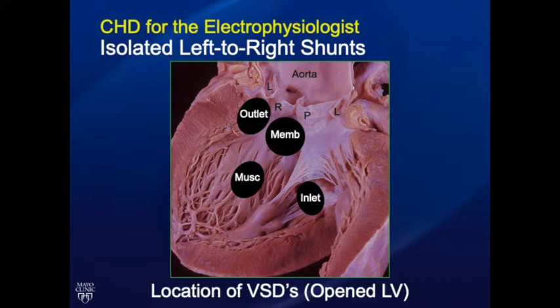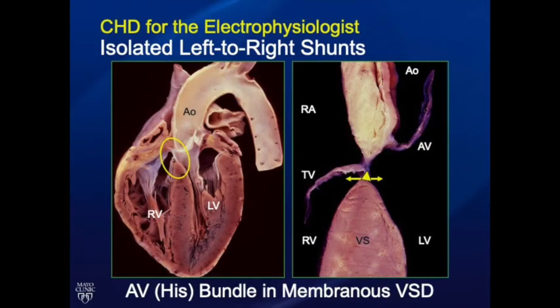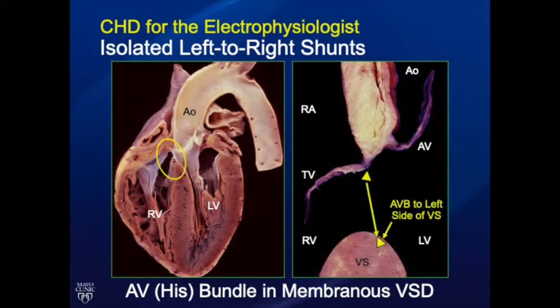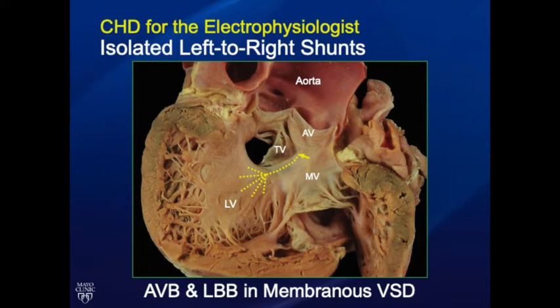So the first is, when we think about this membranous VSD, we think about a right side aspect and a left side aspect. What happens when we lose this is the only way the penetrating bundle of His can make it from the AV node to the interventricular septal region is it has to course posterior and leftward.